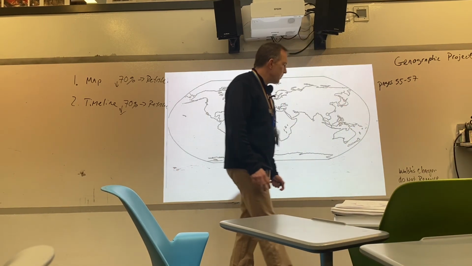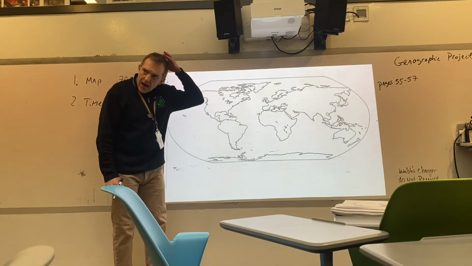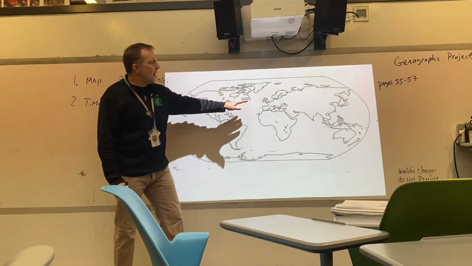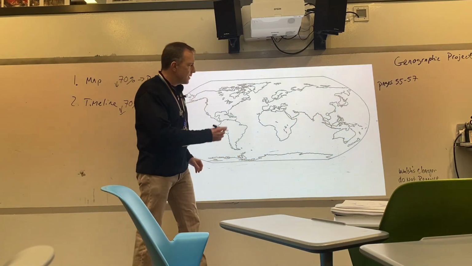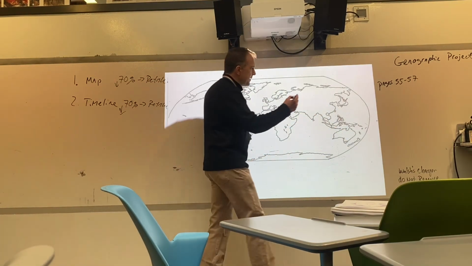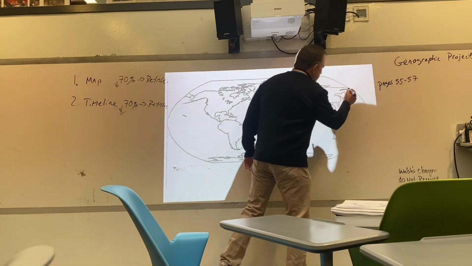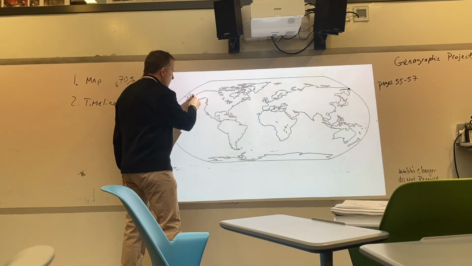Okay, thank you. So if I look here, right, if I want to go from Asia to the Americas, this is where a lot of people make mistakes. I go this way, from Asia to the Americas.